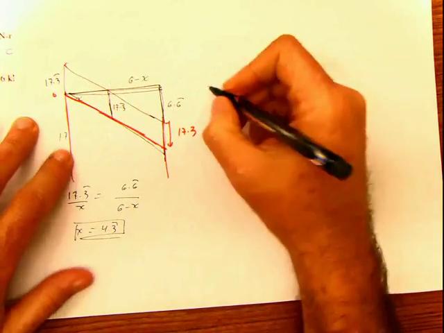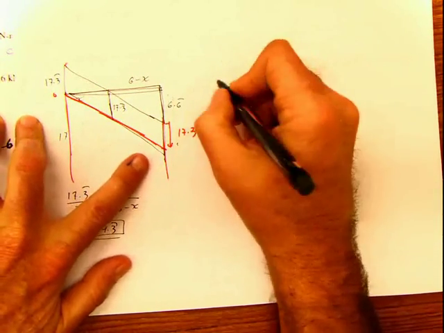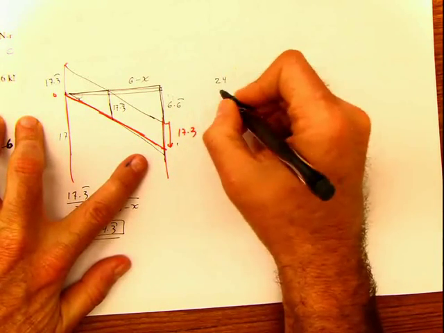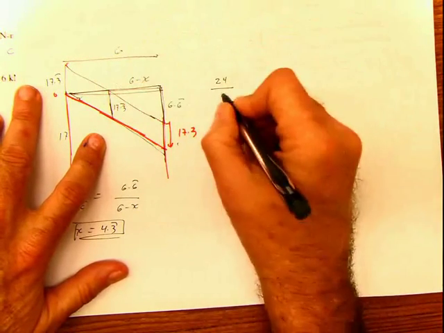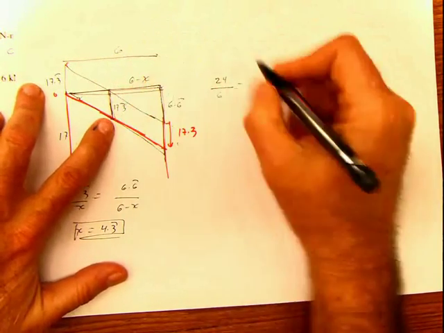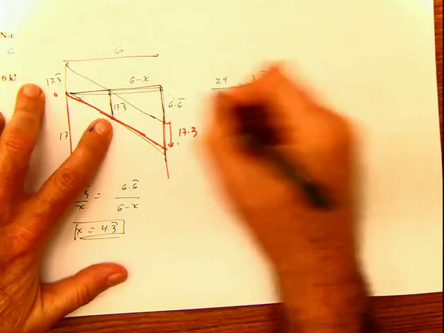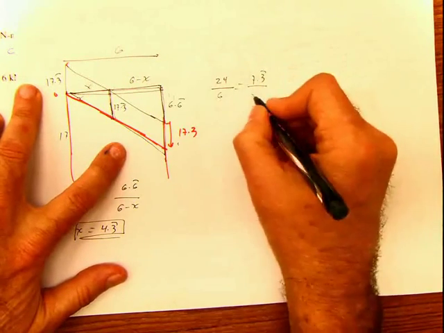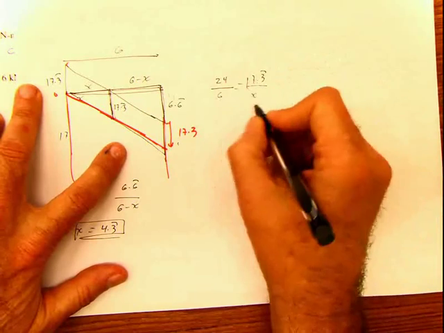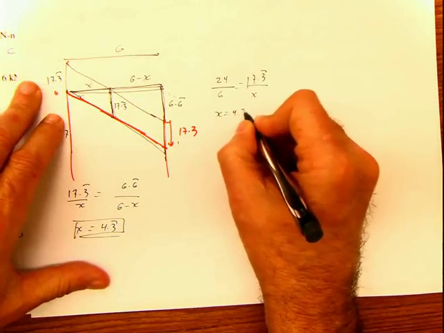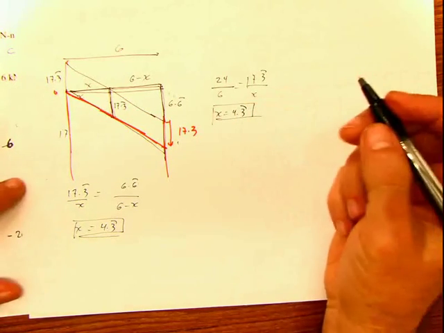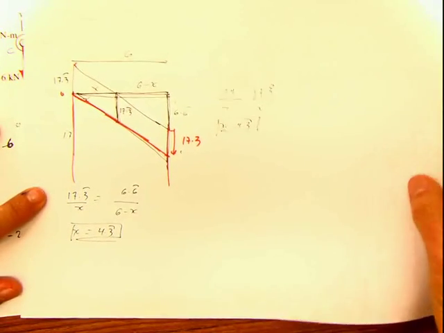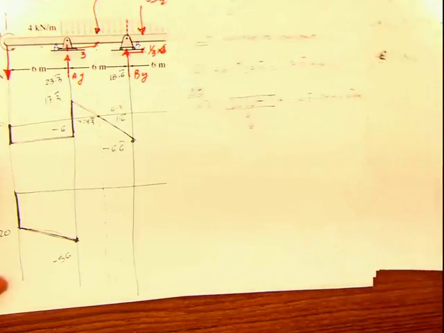If I use that triangle, I can say that this value, which is 24, is to the total distance from here to here, which is 6, as this height, 17.3, is to this distance that I'm looking for, that's x. And by doing this, you can calculate that x is 4.3. This is a lot easier, or a lot faster at least. I don't know if I'd call it easier. But whatever way you use is okay. So now we have that point there.